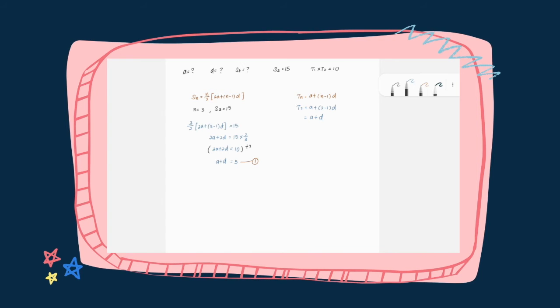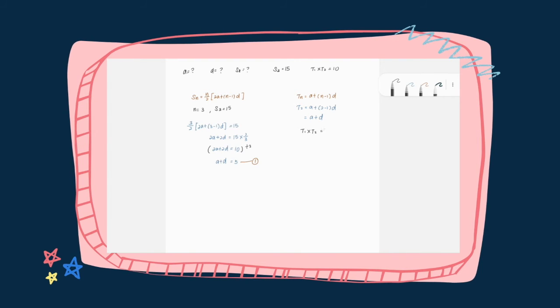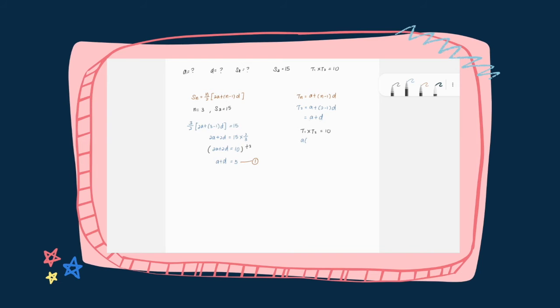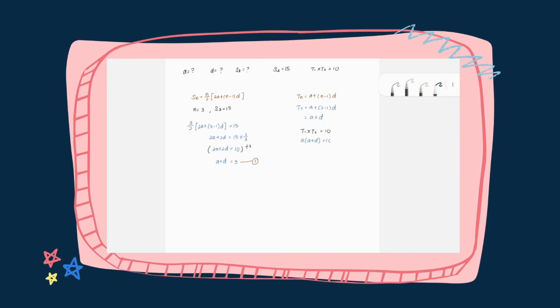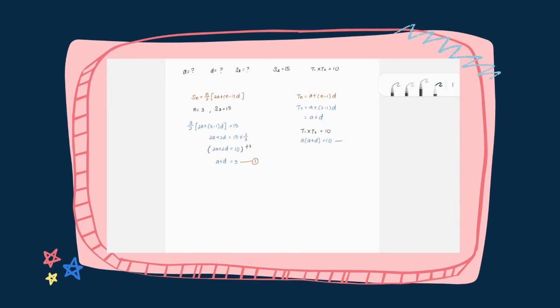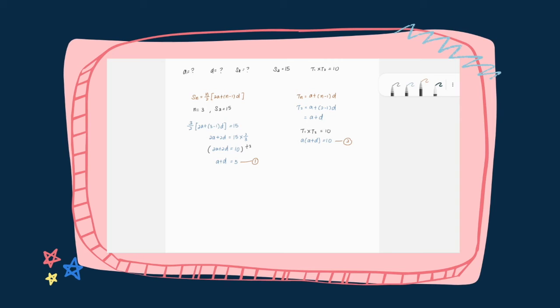So our t2 is equal to a plus d. From the question, we know that the product of the first 2 terms is 10. Our t1 is a, and substituting the t2 that we got just now, we will get a multiplied with a plus d equal to 10 as our second equation.